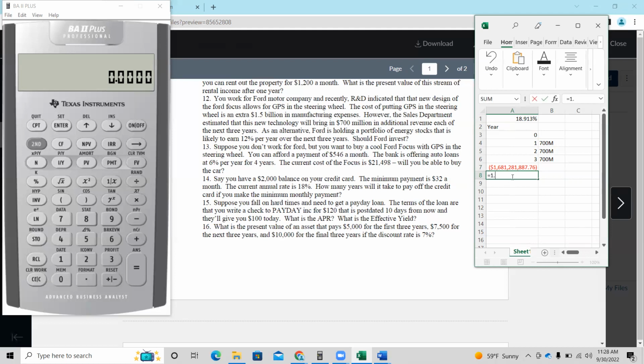The difference between 1.681 billion and 1.5 billion is going to be 181 million. Solving the problem this way is less intuitive, but it's going to be important going forward because I'm going to introduce a new concept here later on. And if you're comfortable finding the present value of future cash flows, this will be useful.